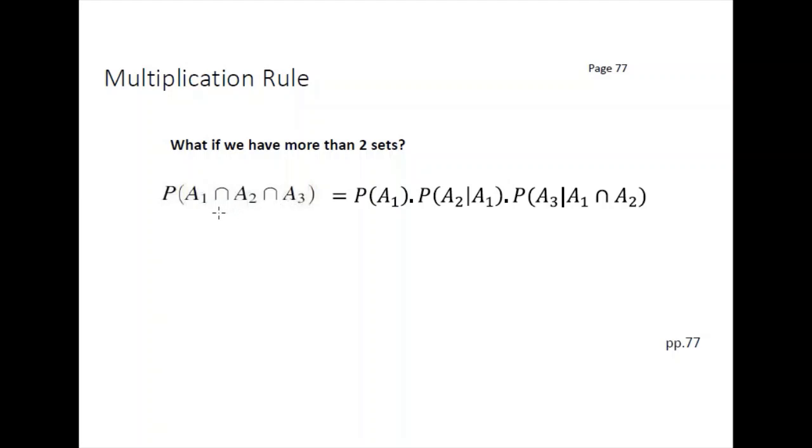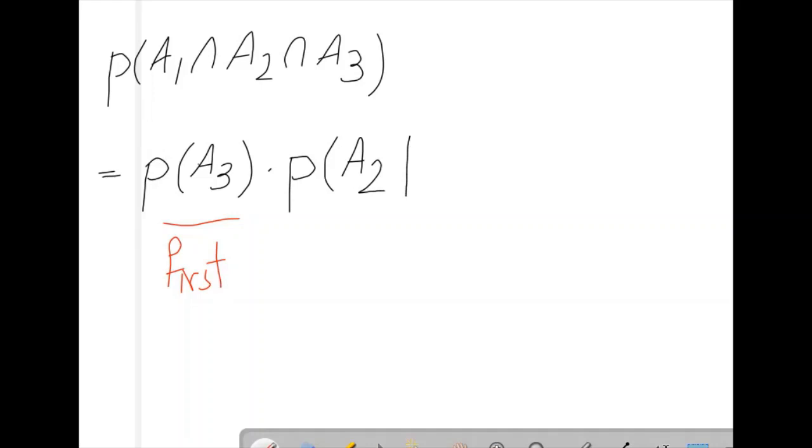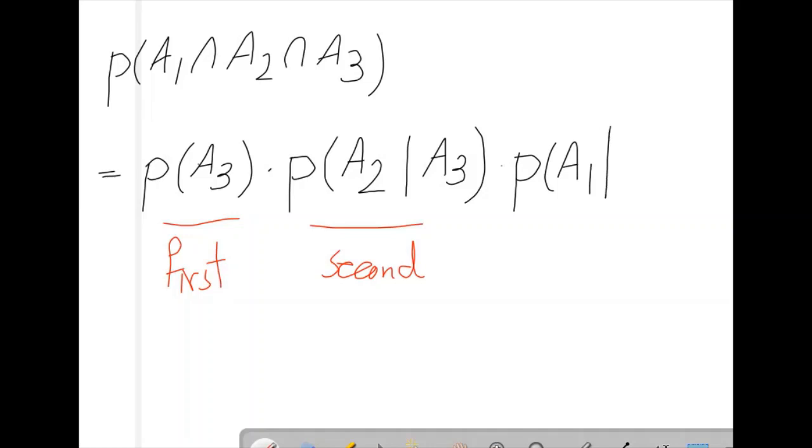For example, we can write it as the probability of, for example, first A3, then A2, given that A3 has occurred, multiplied by A1, given that A2 and A3 have occurred.